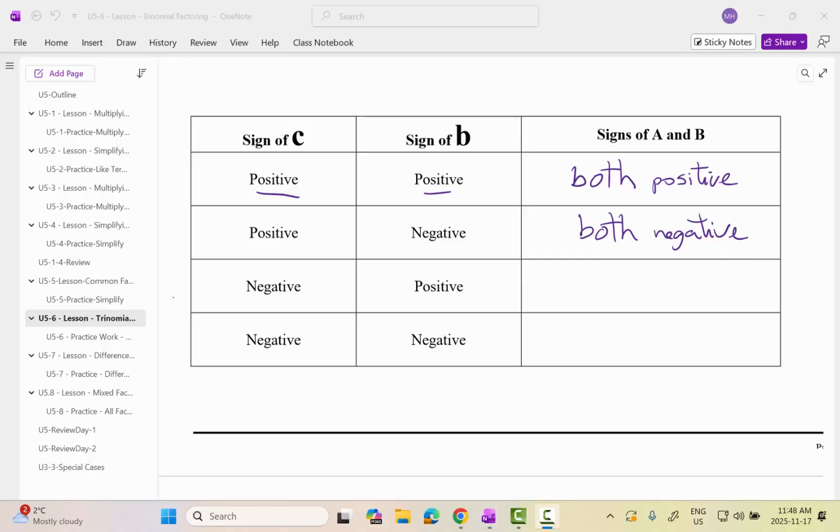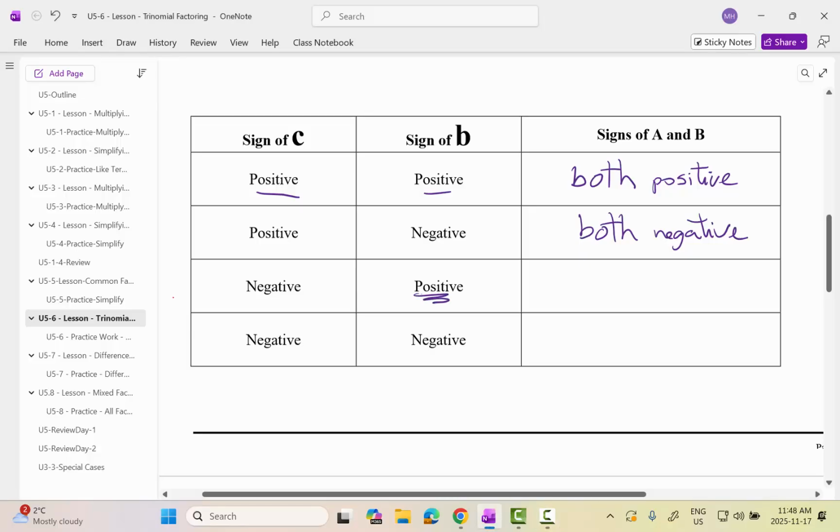All right, now this is the case when C is negative. So the last number is negative. So in order to get a negative number when you're doing multiplication, one has to be positive, one has to be negative, right? But let's think about this case. What if the middle number is positive? Then what happens? The bigger number has to be positive, and the smaller has to be negative. Do you understand that?